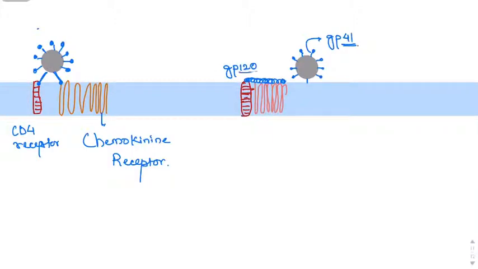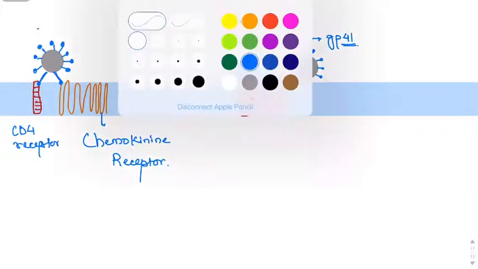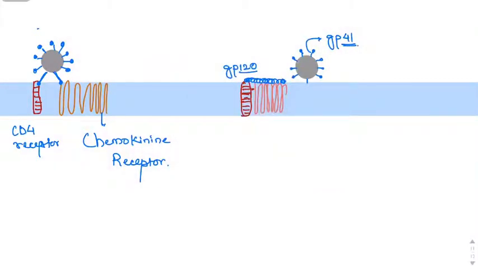After the conformational change in both, it is ready for glycoprotein 41 to fuse with the cell membrane, and after fusion, this leads to the transfer of the core material inside the cytoplasm of the host cell. Now, as we all know, the core consists of two copies of the viral RNA.